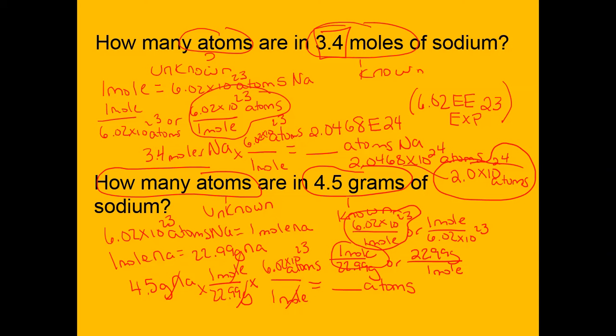So 4.5, we're going to do divided by 22.99, and then times, we're going to do parentheses, 6.02. Again, we're going to find that EE or EXP button, so times 10. We're going to hit 23, parentheses closed, and we should get a number that looks something like this.